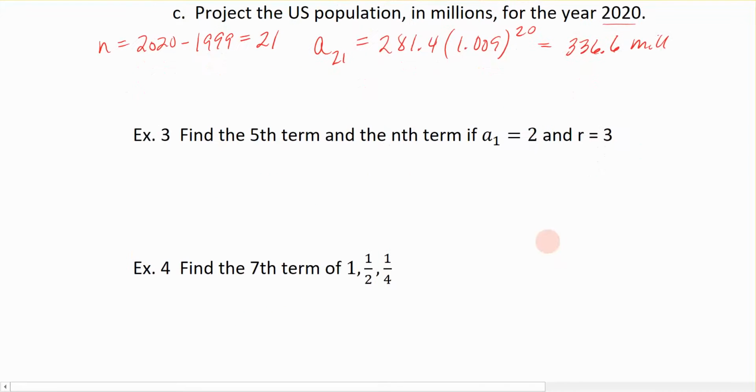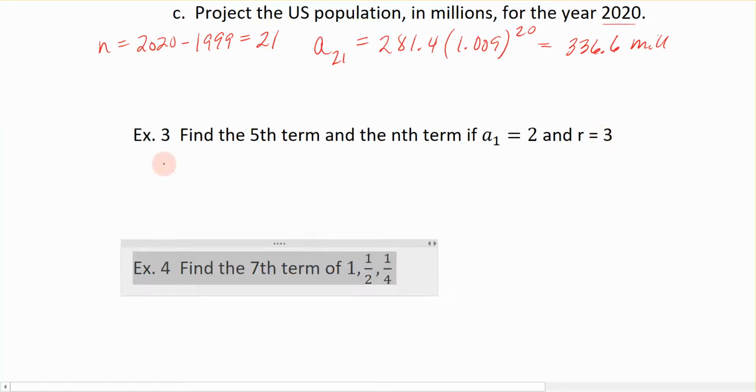Let's continue with that same concept and do two more examples, similar to what we just did. This particular question says I want to find the 5th term and the nth term if I'm given that a1 is 2 and r is equal to 3.